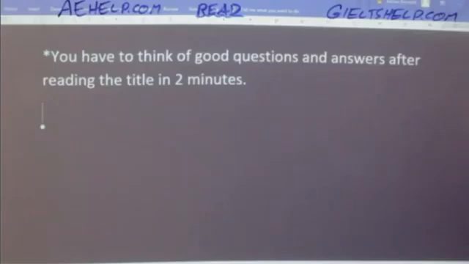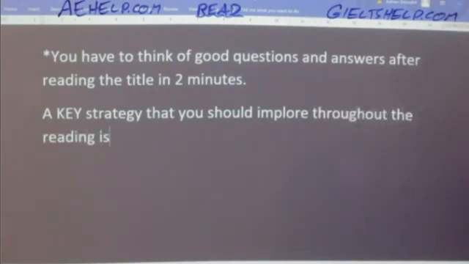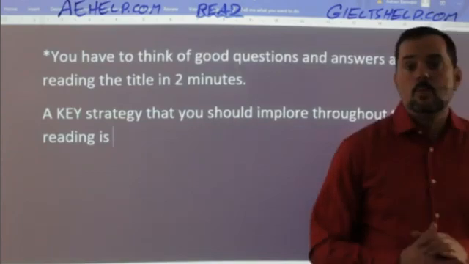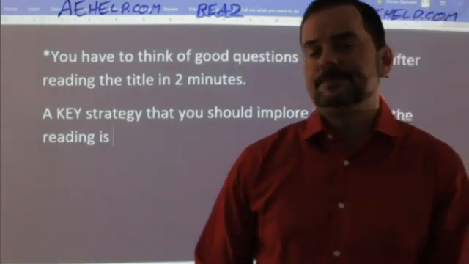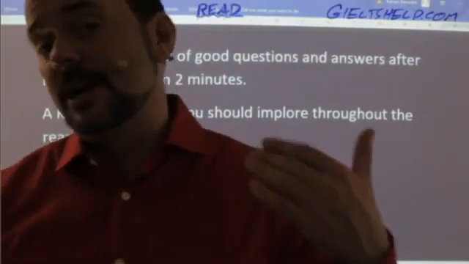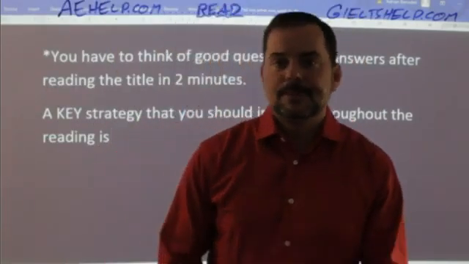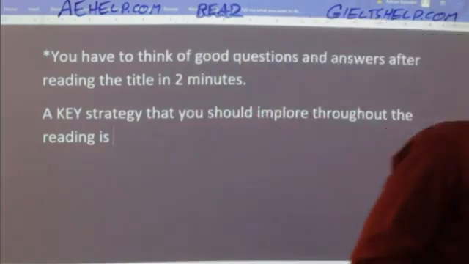So a key strategy that you should employ throughout the reading is what? What is it? And students that do this get higher band scores every time, guaranteed. Okay? And what is that strategy?